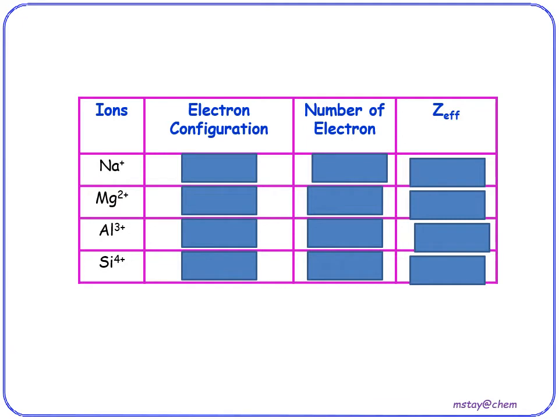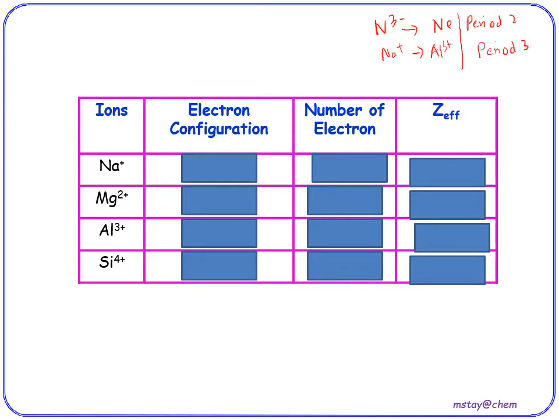Based on the slide previously, we discussed isoelectronic species, and some of them, for example N3 negative up to neon, are in period 2, while Na plus up to Al3 plus are in period 3.